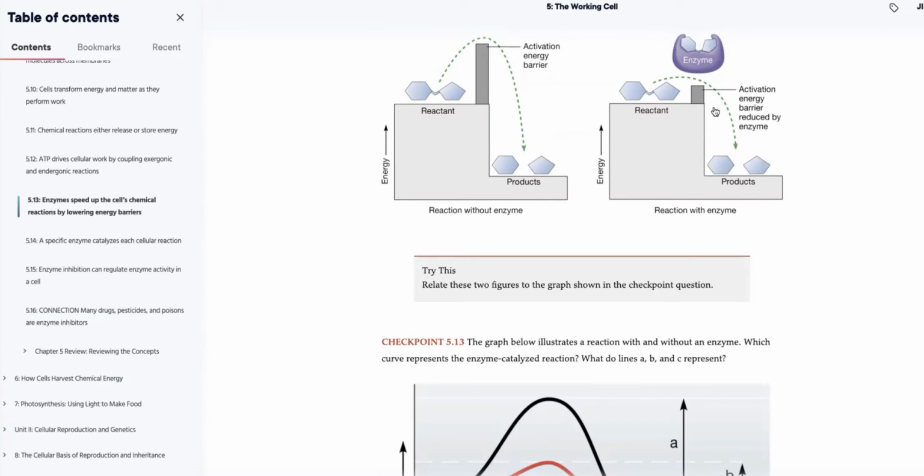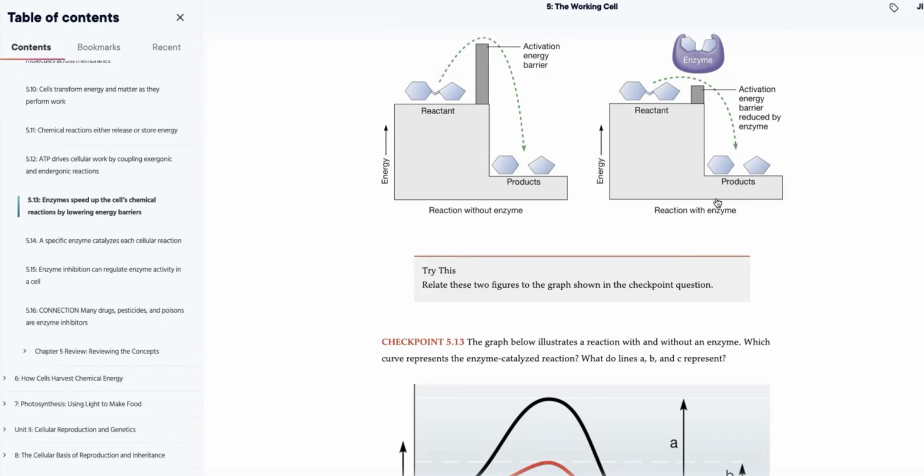What's happening in the case of the enzyme is the enzyme holds the reactant in a way that allows that intermediate, transitional form that allows the reactant to convert to the product. The energy needed is a lot lower. We don't need to push it quite as hard to get it to the product.